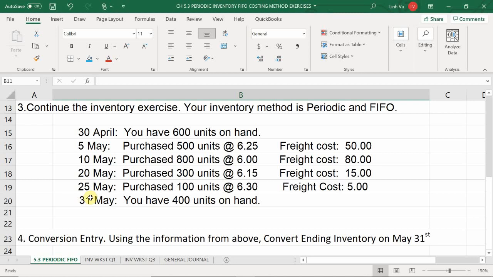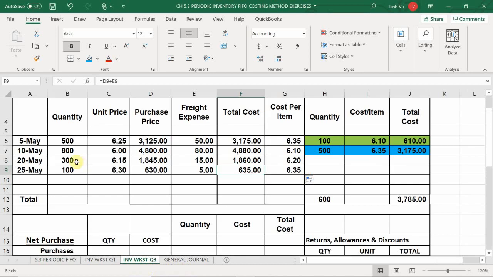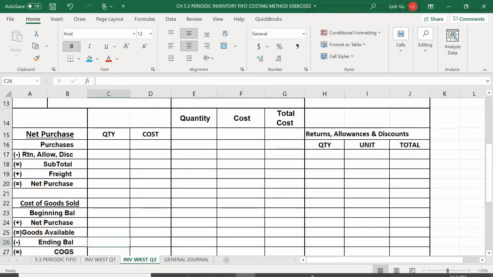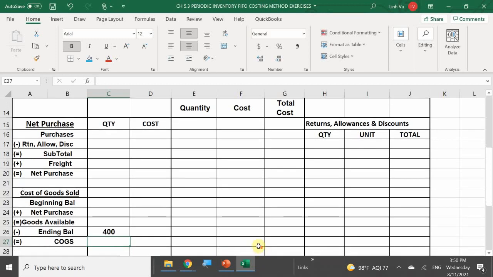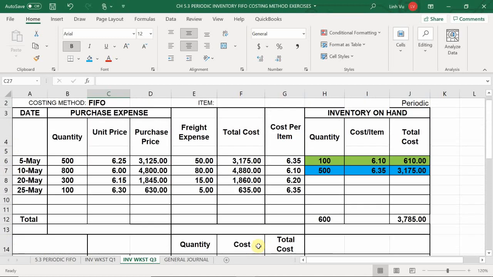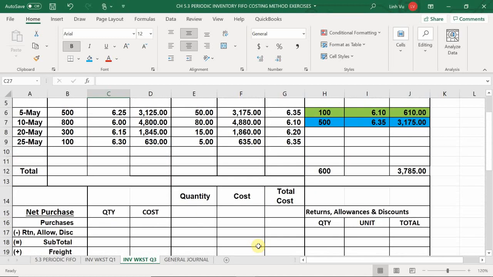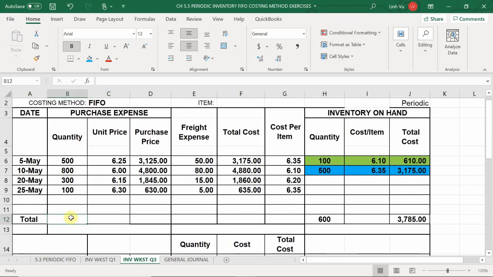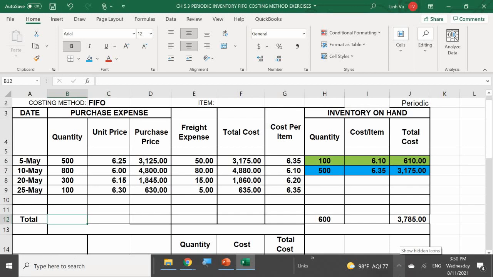Now we have to calculate our total purchase price. So 3,125 plus 4,800 plus 1,845 plus 630 equals 10,400.